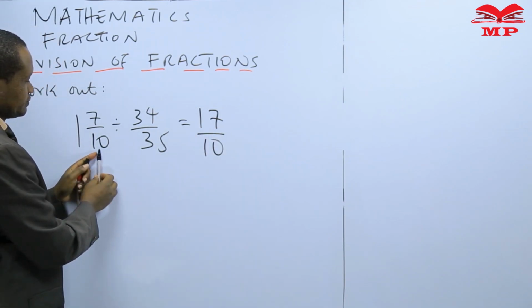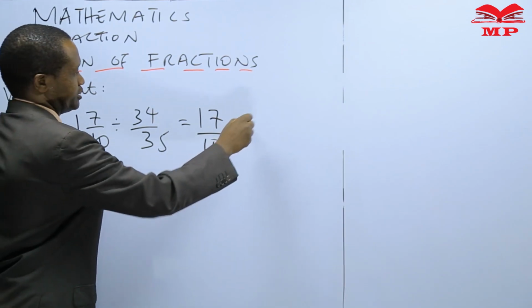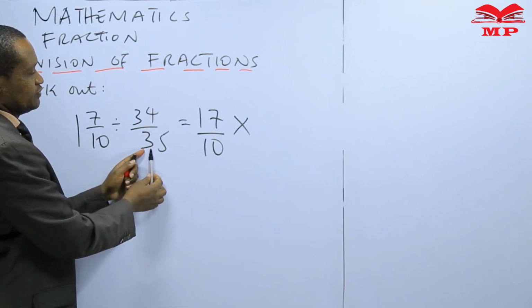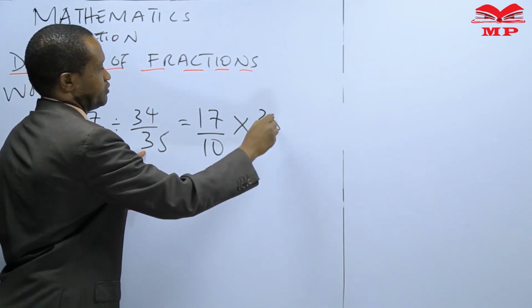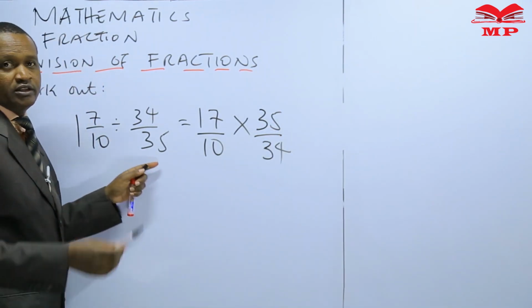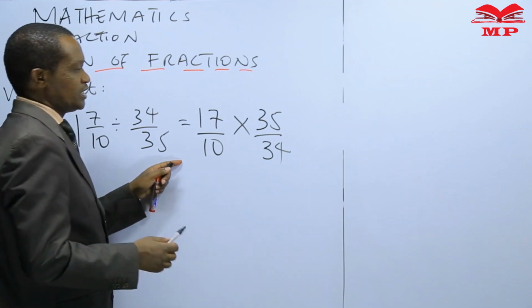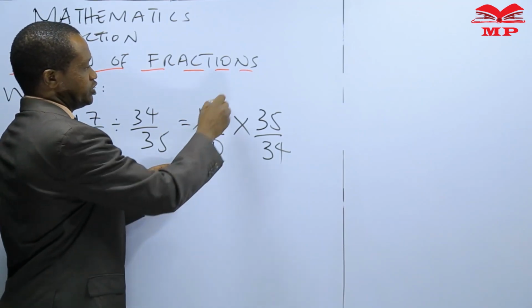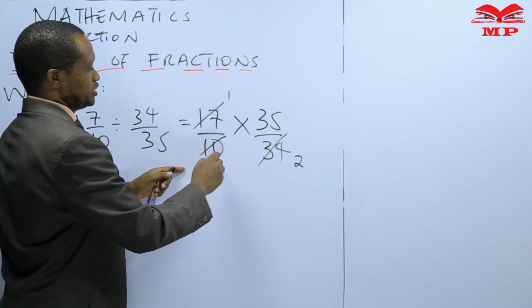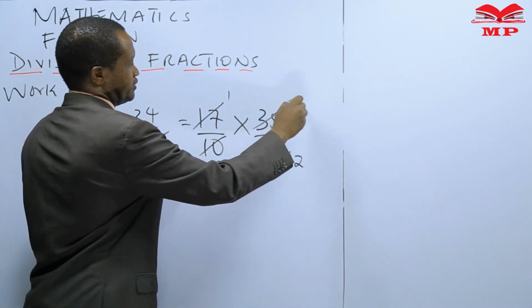This times the reciprocal of 34/35 is 35/34. Then we simplify by way of cancellation. 17 goes here once, 17 goes here twice. 5 goes here twice, 5 goes here 7 times.